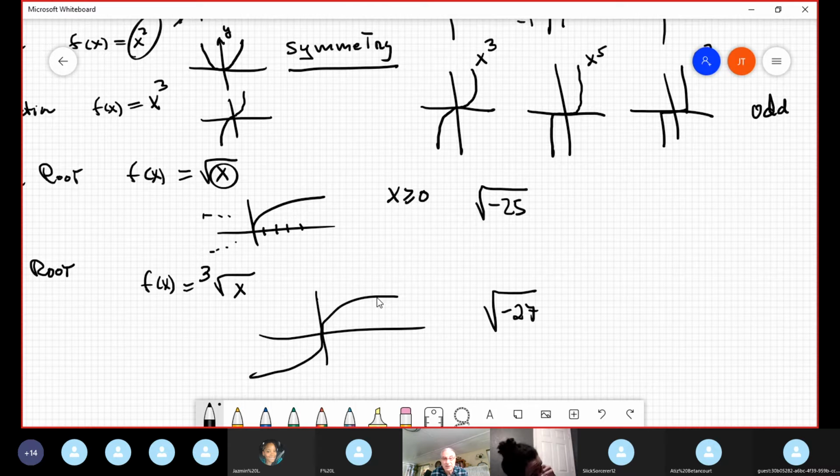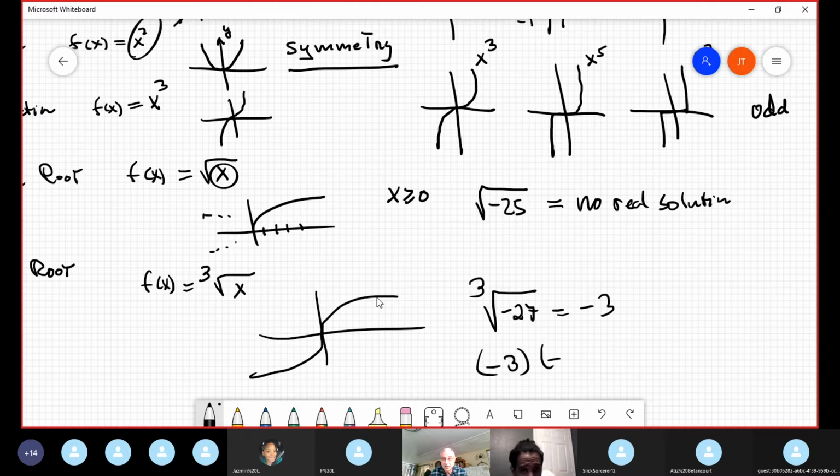So it's a negative number. Okay, the square root has no real solution, you know perfectly. But the cube root has a real solution, which is negative 3. Because according to the definition, the cube root, I forgot the 3 here. Because negative 3 times negative 3 times negative 3: negative 3 times negative 3 is positive 9, and positive 9 times negative 3 is negative 27. It's exactly the number that we need inside the radical.